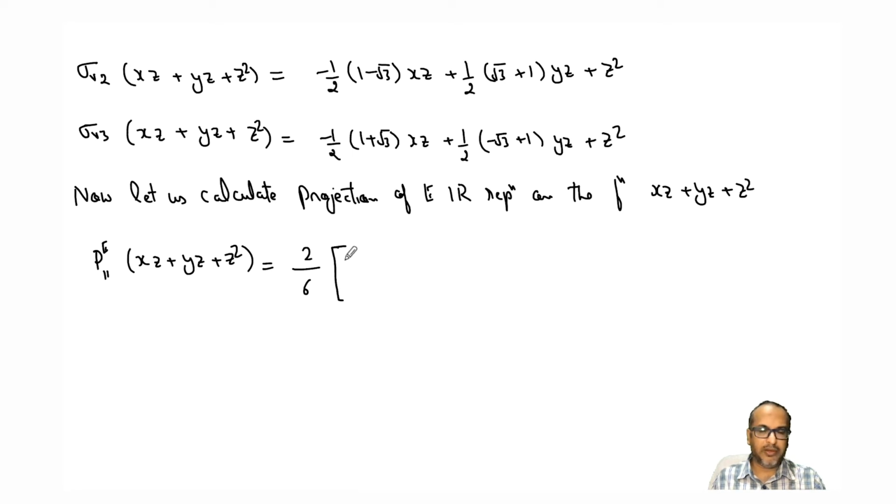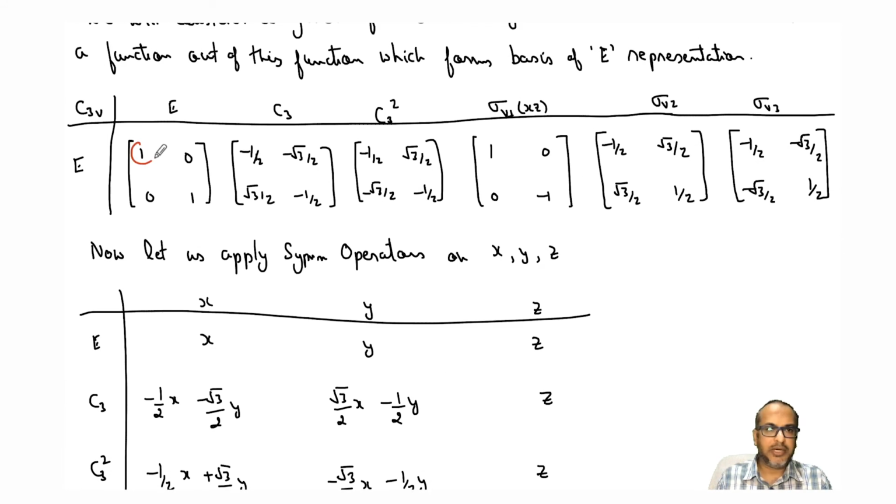Now let's go back to the matrix element, this matrix element over here, and multiply it with the effect of e onto the given function, and multiply that with this one. Okay, so let's see how to do that.